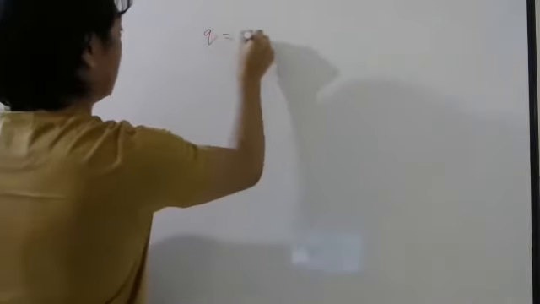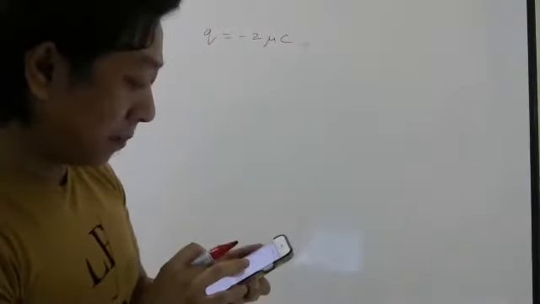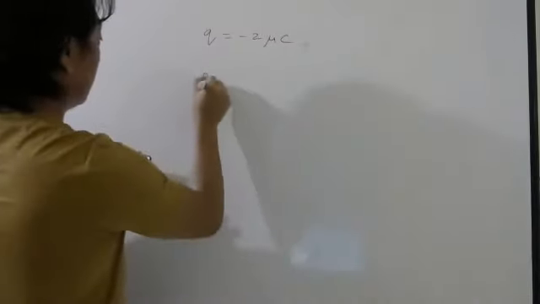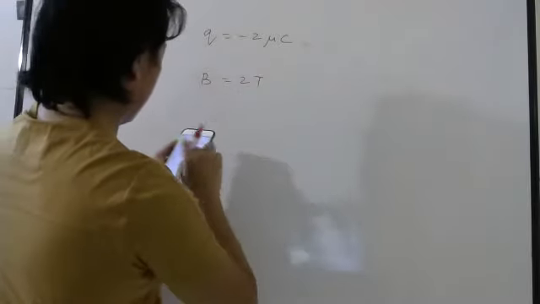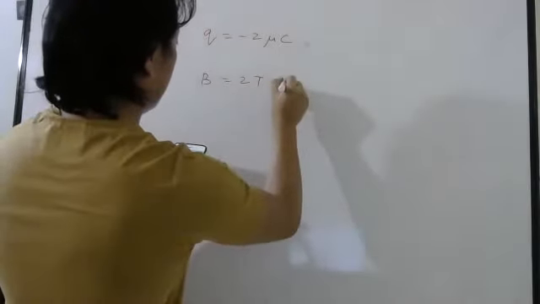Okay, now see the third question. The magnetic force acting on a charged particle of charge -2 microcoulomb. Oh no, it is -2 microcoulomb. So charge is -2 microcoulomb in a magnetic field 2 Tesla in y direction.